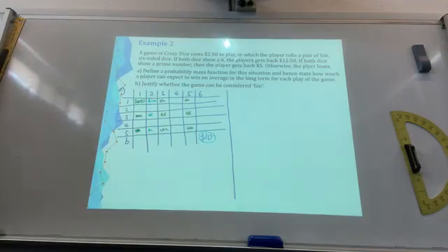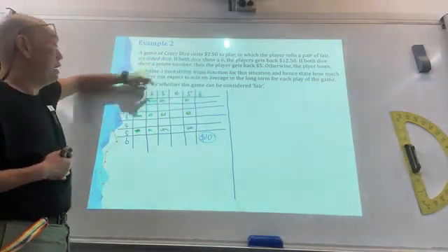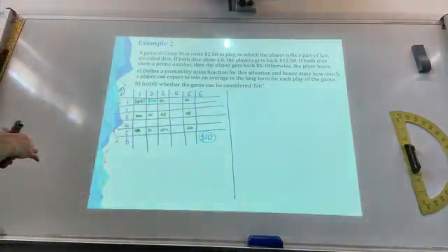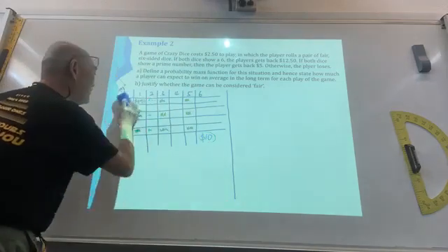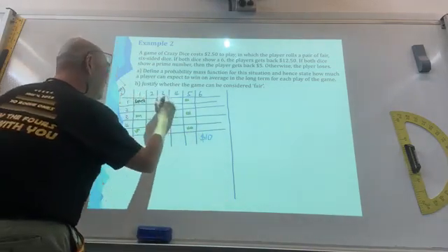Because if both dice show a prime number, 1 is not prime. No, I've got it wrong, sorry. Anything to do with 1 is not there. It's totally my fault.